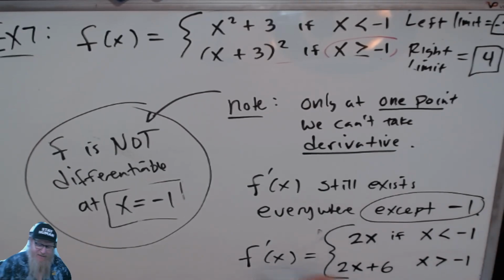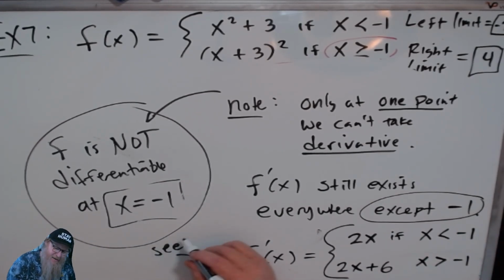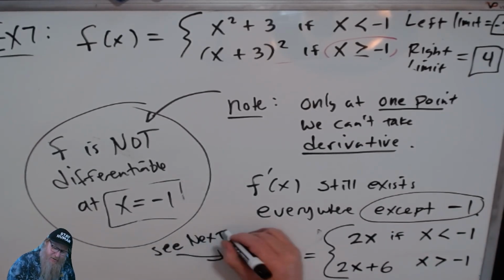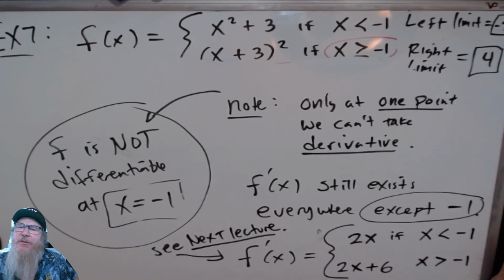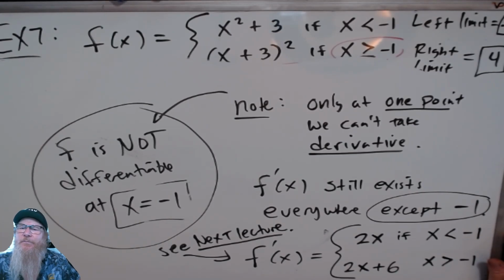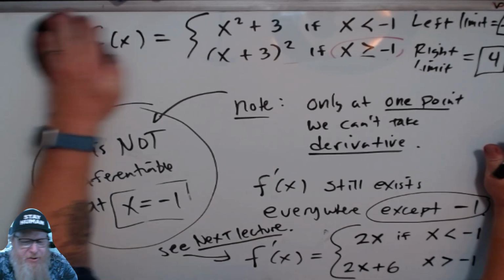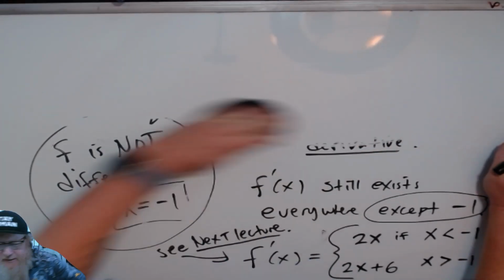All right. And so you'll have to see the next lecture to see how that works out. Okay. I just wanted to say that before I erase this example. Let's do one that we can actually do to end this lesson.